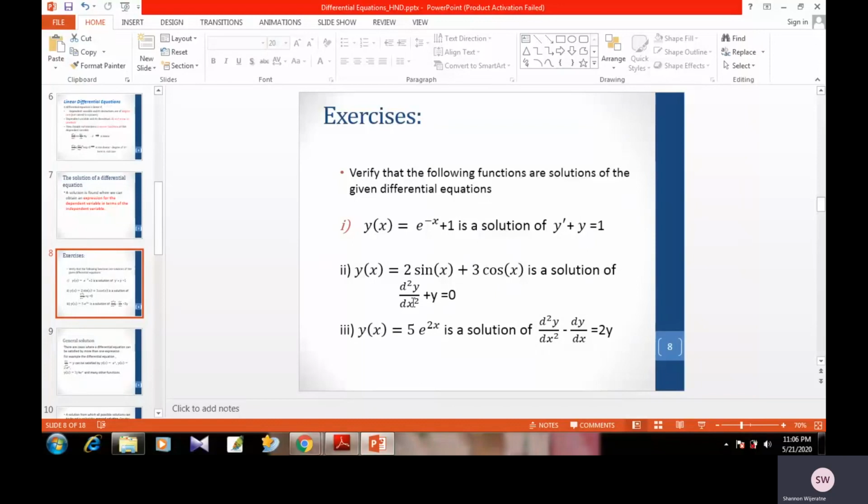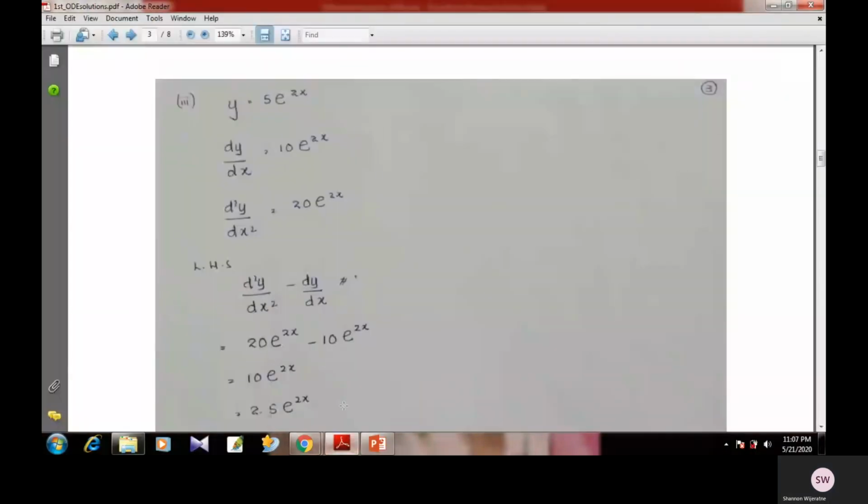In order to substitute this function into the differential equation, we should find the first derivative and the second derivative. So let's take the left hand side of this differential equation and check whether it is equal to 2y. If we find the first derivative, dy by dx is equal to 10e2x. The second derivative, differentiating this exponential function again, is 20e2x.